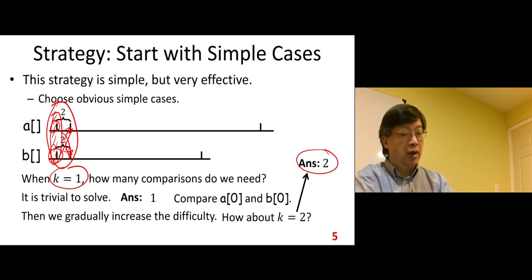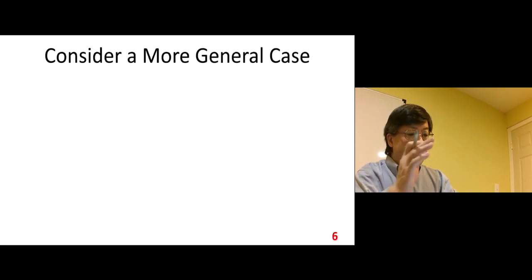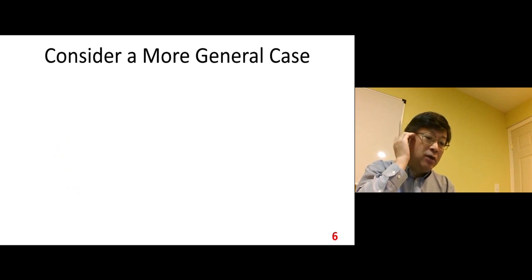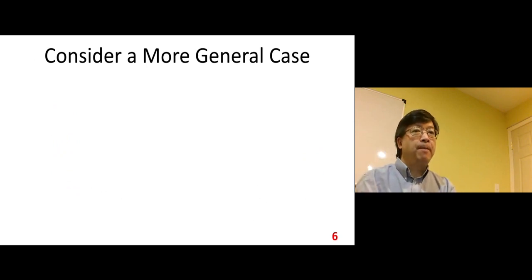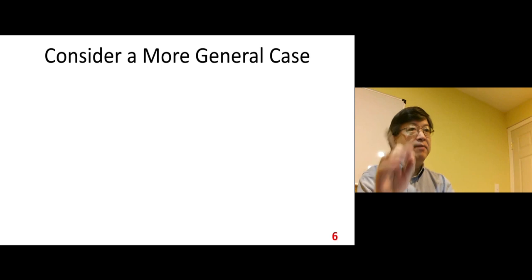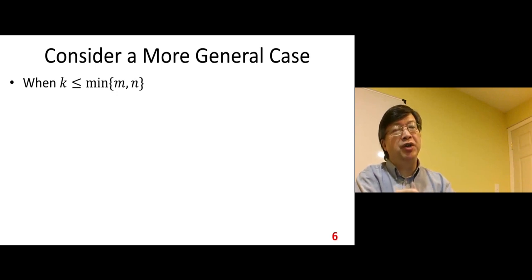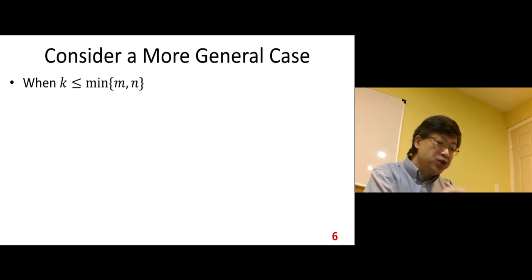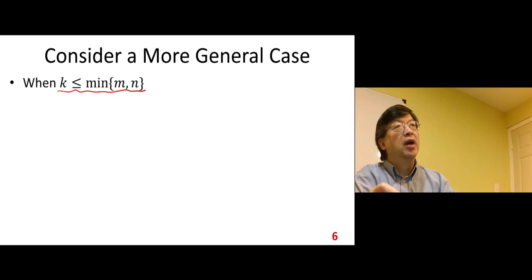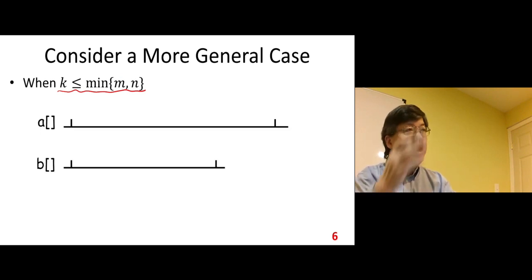That's enough. All right. Now let us consider a more general case. This time we consider general k. But in order to make the discussion a little easier, we assume k is less than or equal to the minimum of m and n, because in this way we can use a similar way to what we did before.